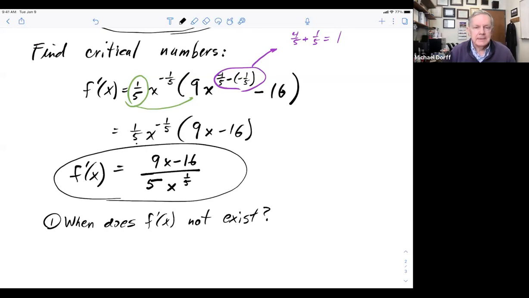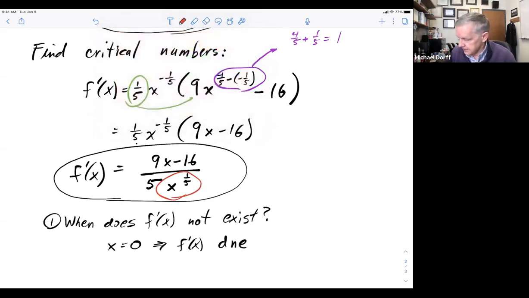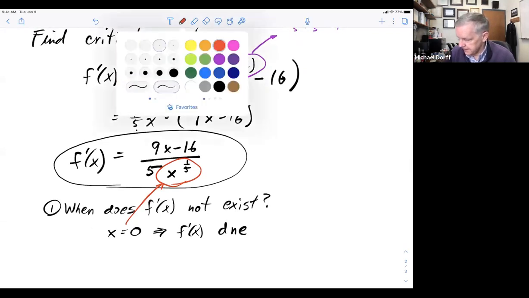But we do have x in the denominator. So we have x to the 1/5 in the denominator. We could get 0 in the denominator if x equals 0. So x equals 0 implies that f prime of x does not exist, because then we have 0 in the denominator.